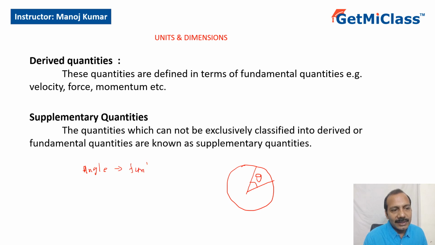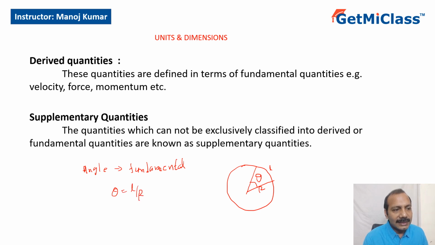Why does it seem to be a fundamental quantity? Because we see that nothing is based on this. But then if I define 1 radian, how do we define 1 radian? Let's say r. 1 radian is the angle subtended by an arc whose length is equal to the radius. So in that case, theta is equal to L by r.